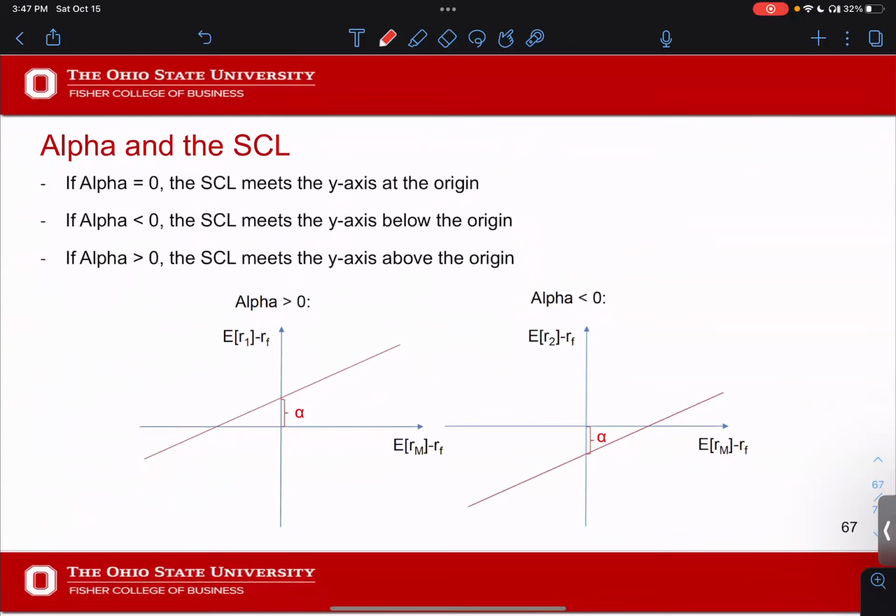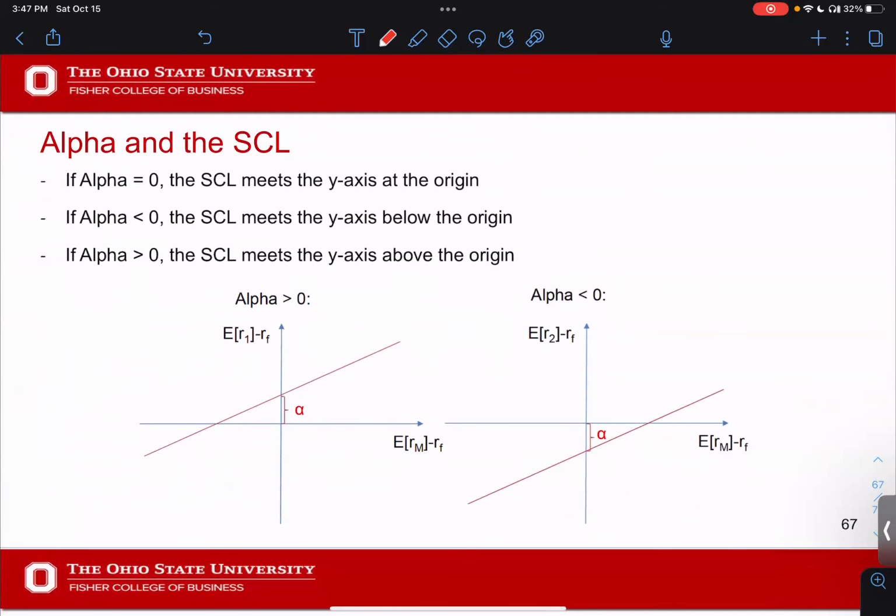Yes. And as I explained earlier, alpha is just the intercept term. Like the previous slide, if you find the line crosses the origin, it means alpha equals 0. But if you have a positive intercept, it means alpha is greater than 0, sorry.